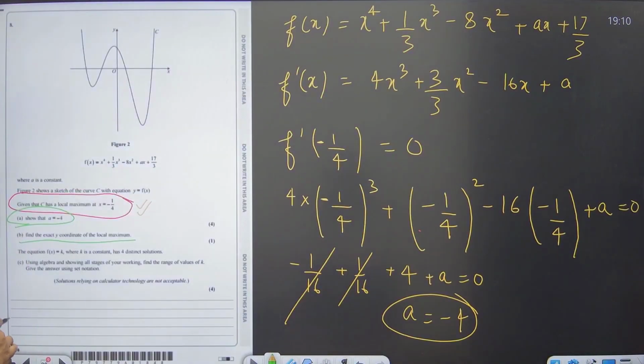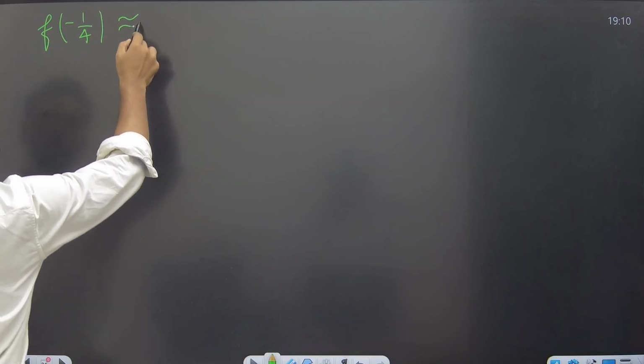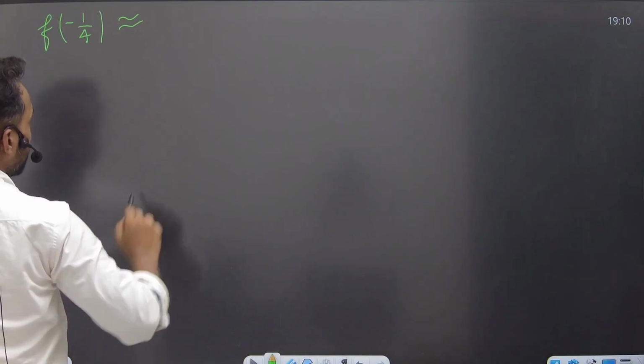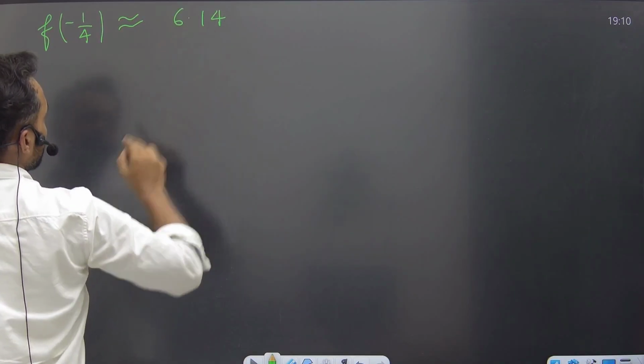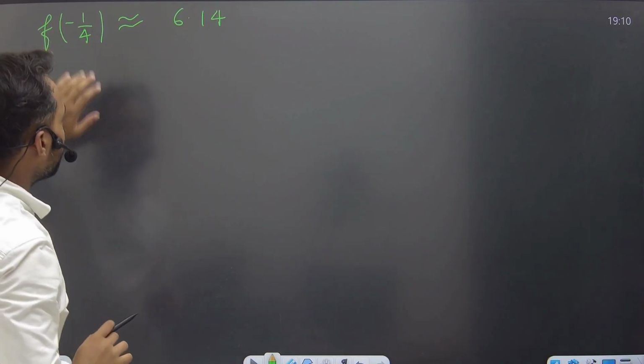Now in the next part they have asked that the equation f(x) equals k, where k is a constant, has 4 distinct solutions. Using algebra and showing all stages of your working, find the range of values of k. Give the answer using set notation. Okay, see student, for f of negative 1 by 4, we have got the value as 6.14, and this was the point of local maxima.